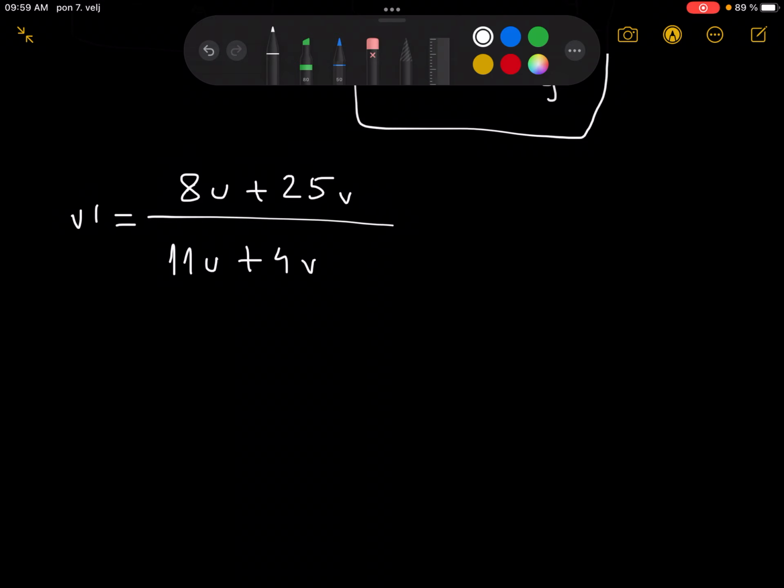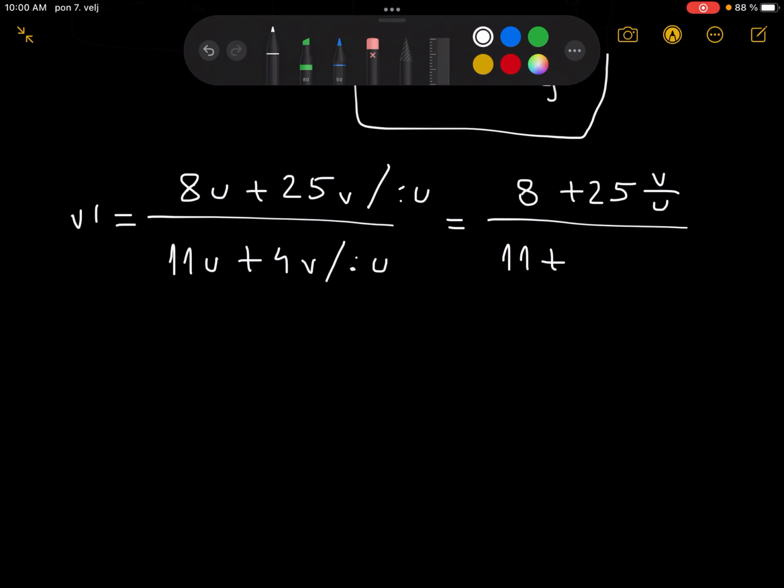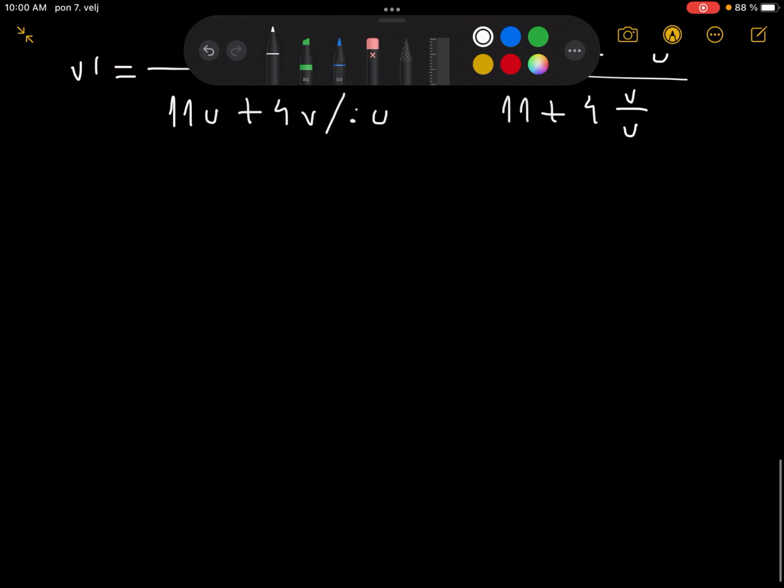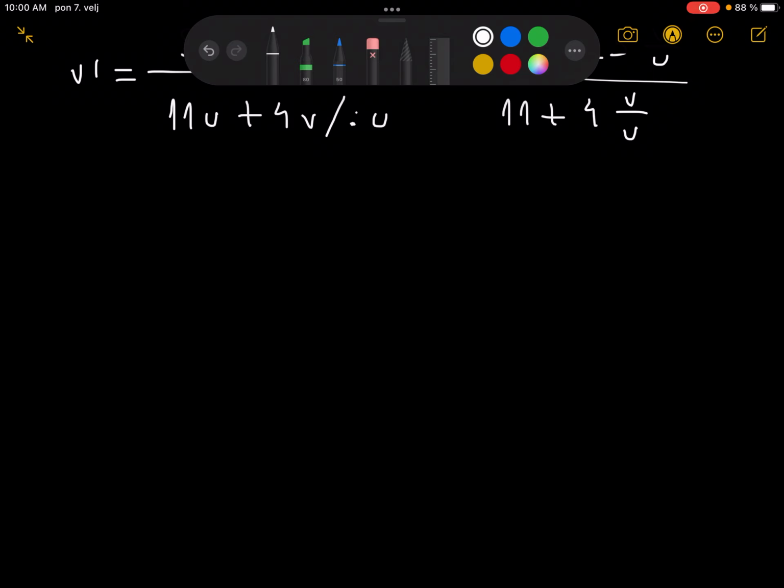Now, let's just go ahead and divide both the bottom and the top by u, and we'll get that, and that's the same as writing 8 plus 25 times v over u over 11 plus 4 times v over u. Now, let's put in another substitution.